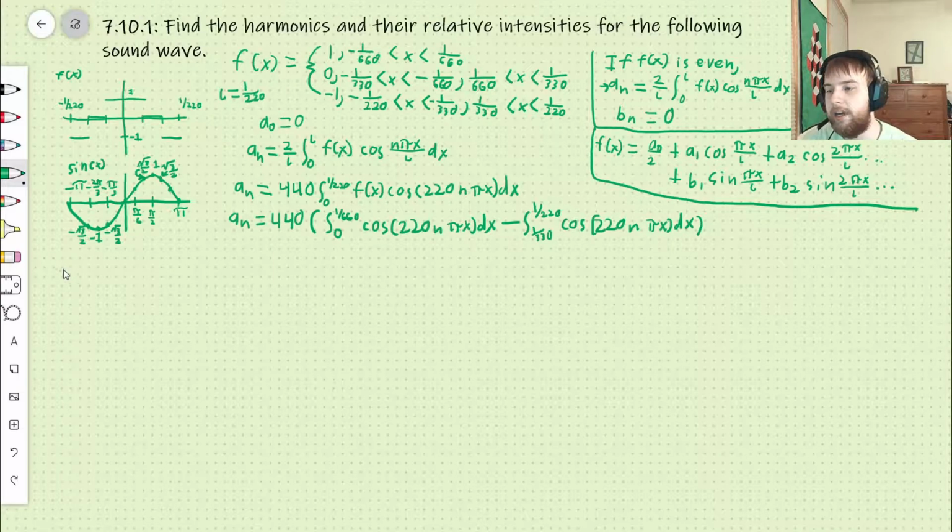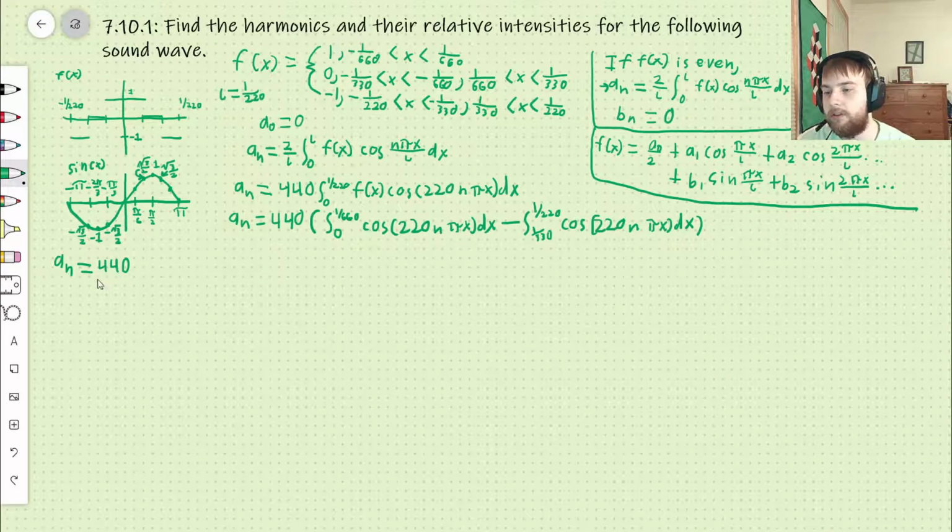Okay, so now we can take these integrals. It's not so bad after all. It's just sines and cosines, which we've certainly dealt with plenty before. So when we take the integral, we're going to pull out 1/(220 n pi).